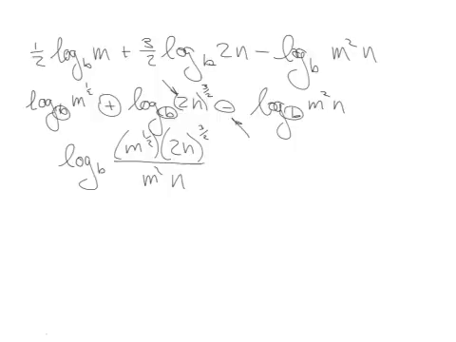Alright, so now we're going to go ahead and combine what we can. So we're going to try to simplify that top a little bit. My m is going to change because of these, 1/2 minus 2, which is negative 3/2.